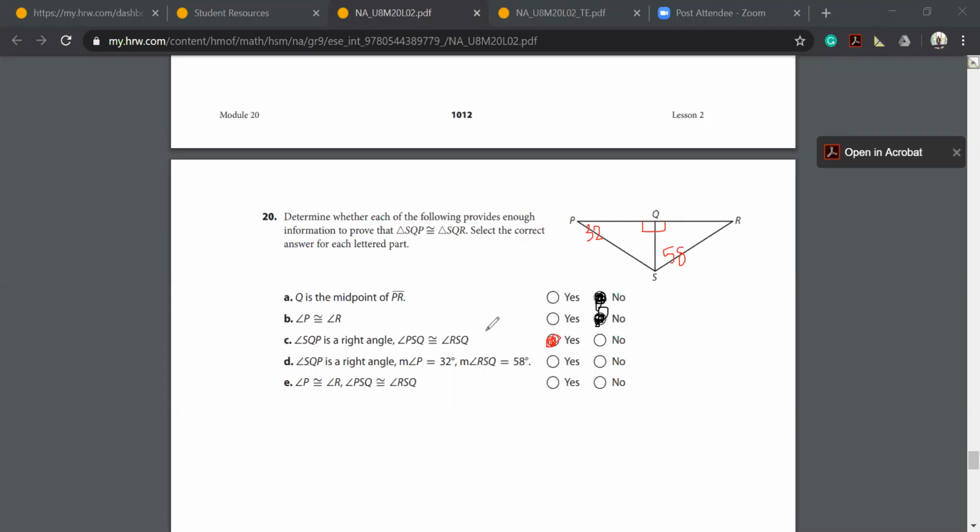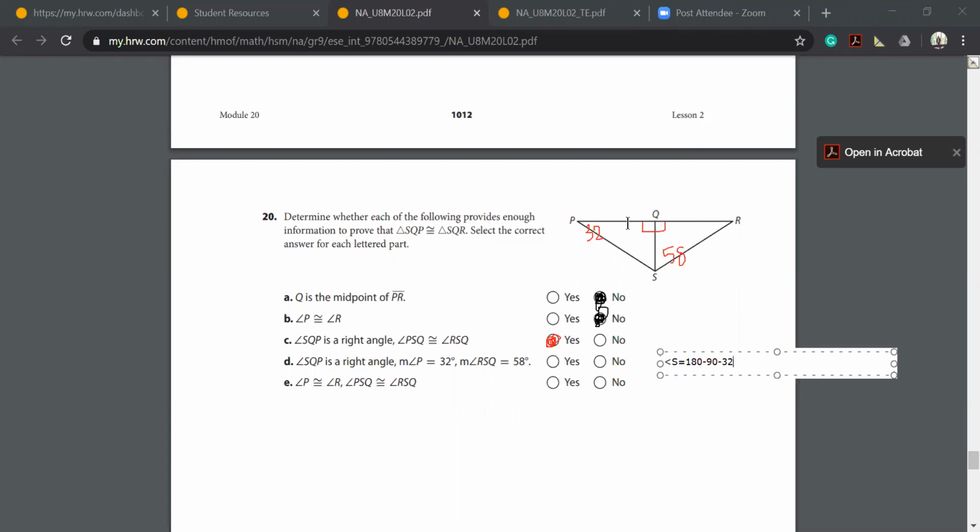Okay, let's think. Since he gave me a lot of far away angles in this triangle, it's okay. He gave you this angle and then the side is equal and then the 90 degree. But in the other triangle, I need to find measure angle S, right? So let's find measure angle S. Measure angle S will be 180 minus 90 minus 32.